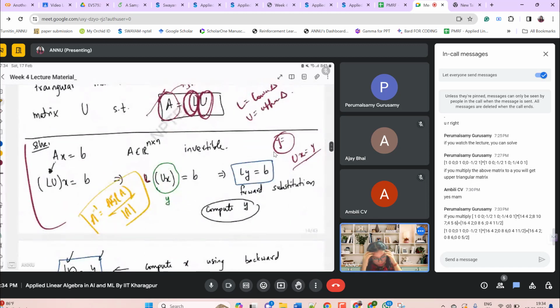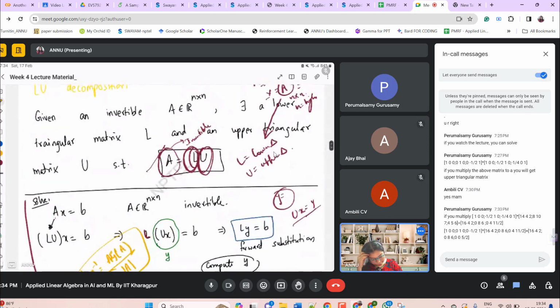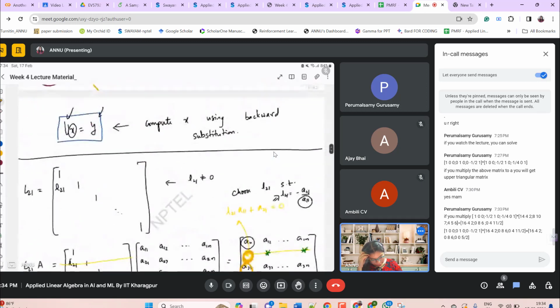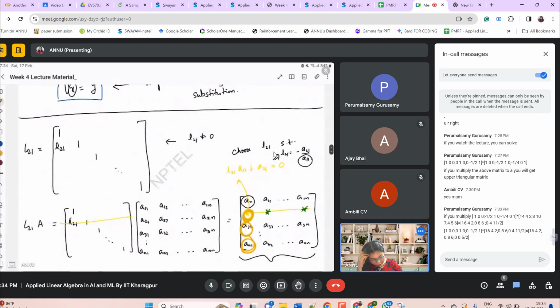What we're trying to do here is write matrix A in the form of LU. Let's say L21 is this, and it should not be equal to 0. Choose L21 such that L21 equals minus A21 divided by A11. Why?